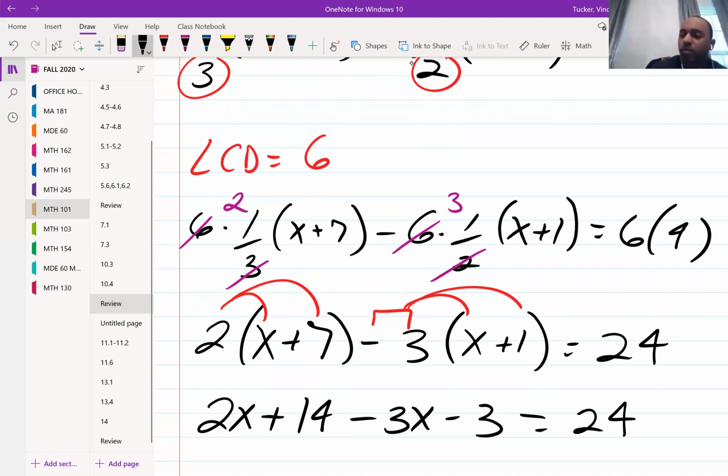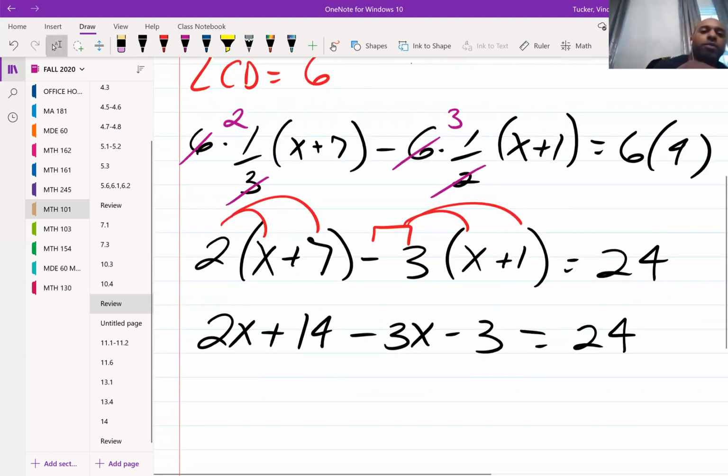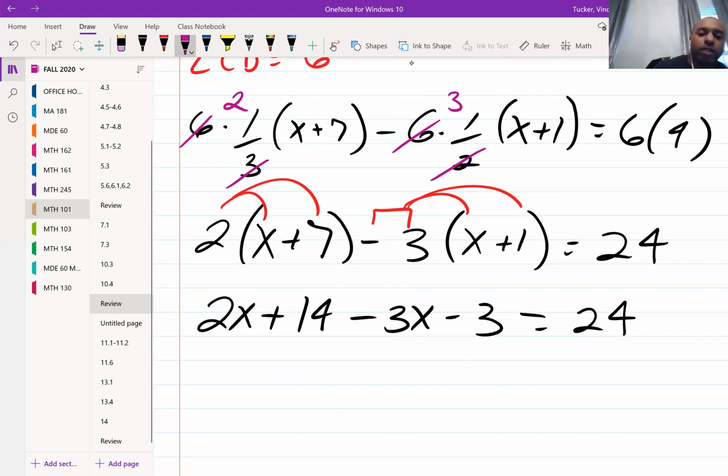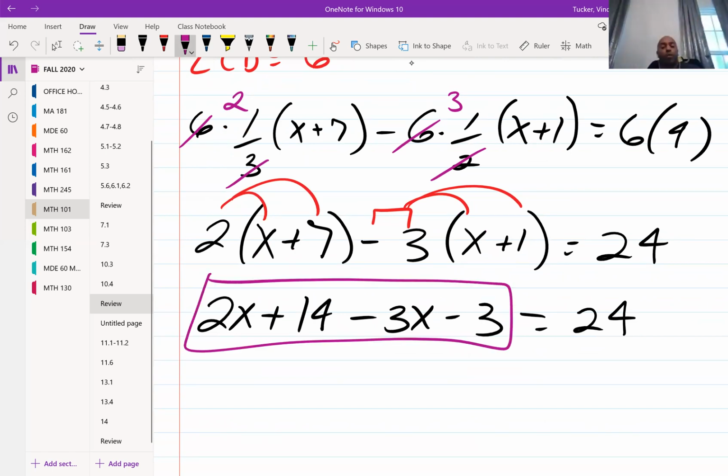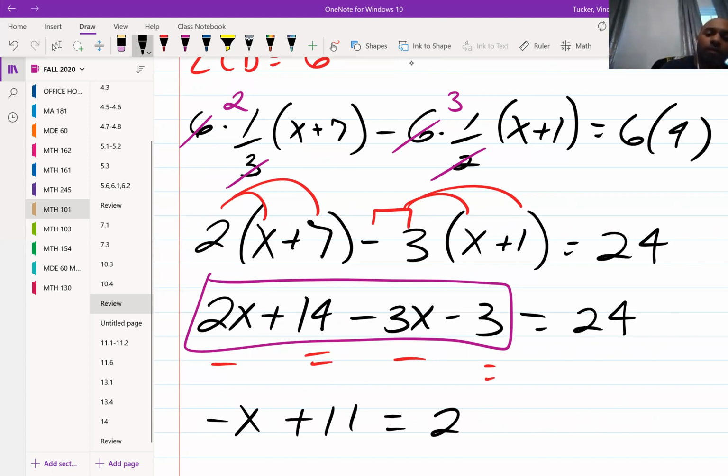Combine your like terms so we can simplify everything on this left side first before we move anything across that equal sign. So 2x and -3x will be -1x, and 14 and -3 will be plus 11. That's equal to 24.